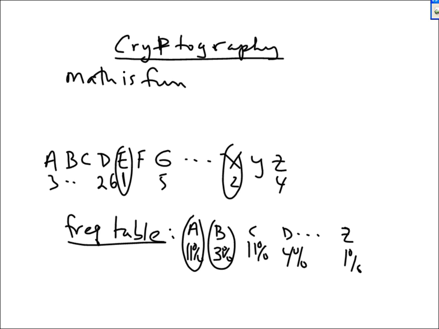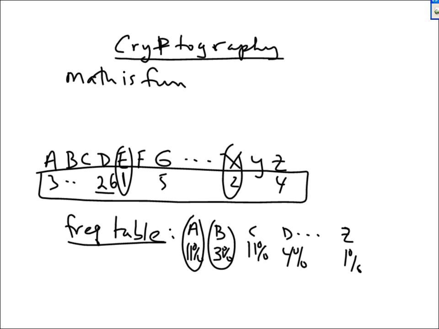Total of 100%. They know this. So now, they notice that in your 3-page message, the number 26 came up 4% of the time. Oh, 26 is D. They don't know this code. They don't have this code at all.